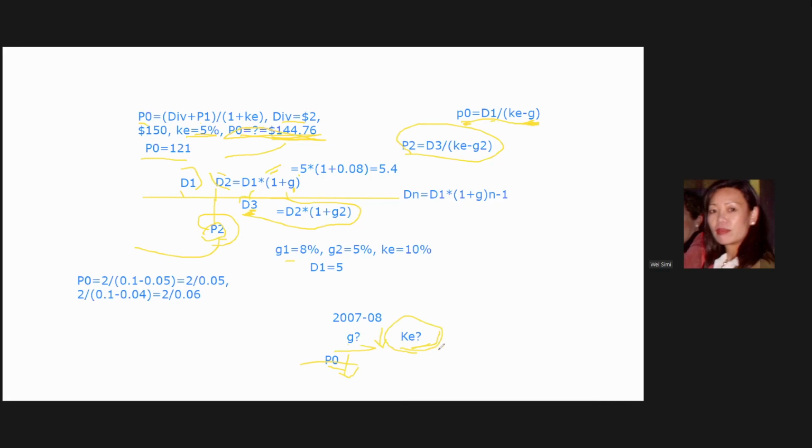You say this is going up, but why would Apple's required rate of return go up during the recession? Because people are more concerned about them because they're not able to sell phones anymore. So phone sales dropped, then what happened? Because the growth rate went down, the required rate of return had to go up to compensate for it.